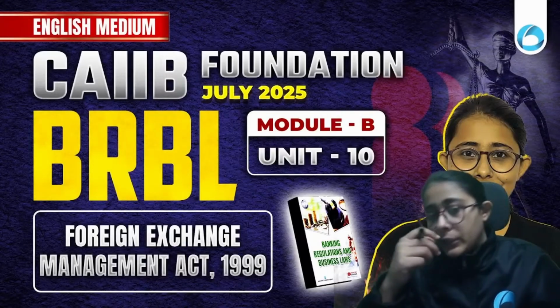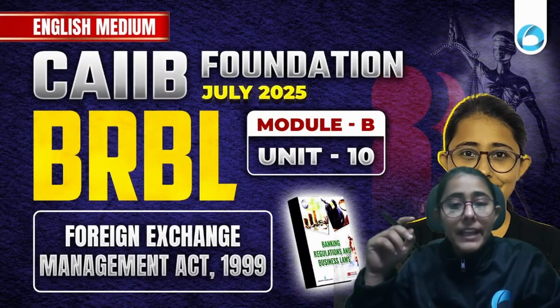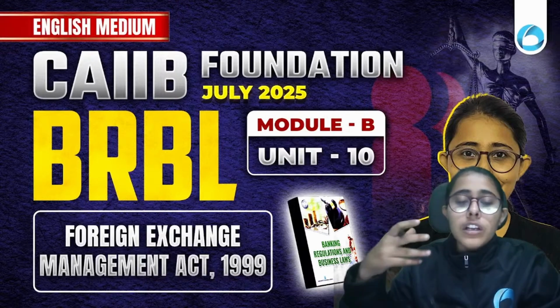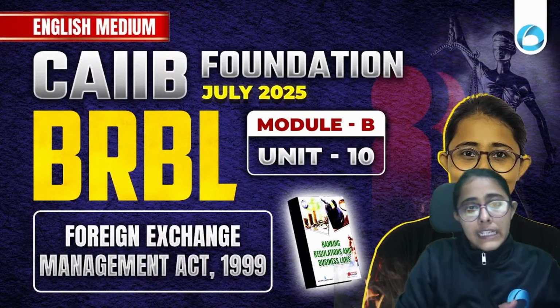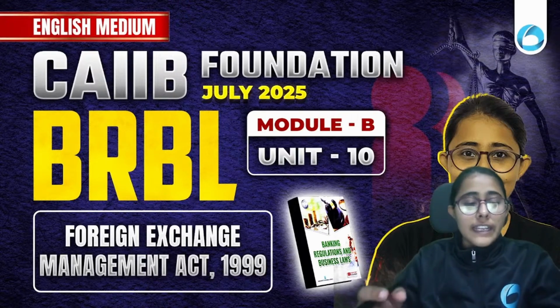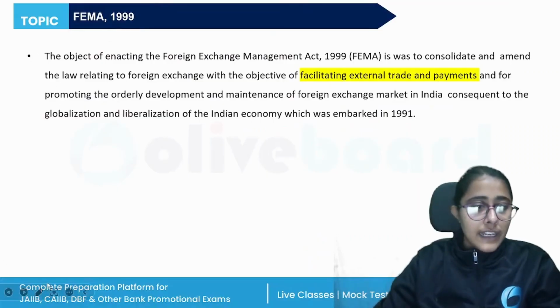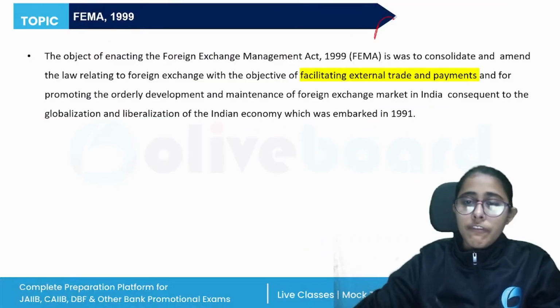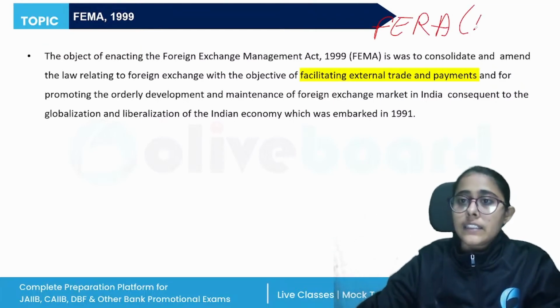So today we are going to start with the FEMA Act, or the Foreign Exchange Management Act. If we talk about a bit of history, earlier to the FEMA Act 1999, the FERA Act was governing foreign exchange. It was the Foreign Exchange Regulation Act, FERA, which came in the year 1973.